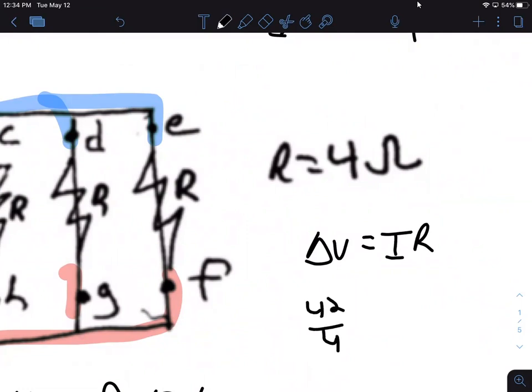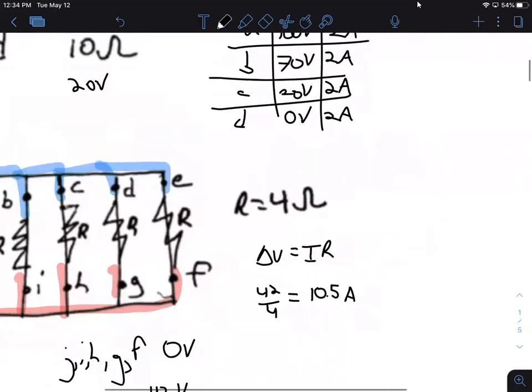That's not a nice number. Let's see, 4 times 8 is 32. 4 times 9 is 36. 4 times 10 is 40. And then 0.5 to get us that 2 amps.